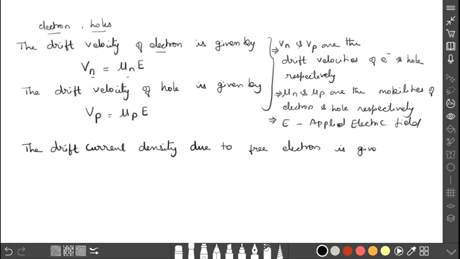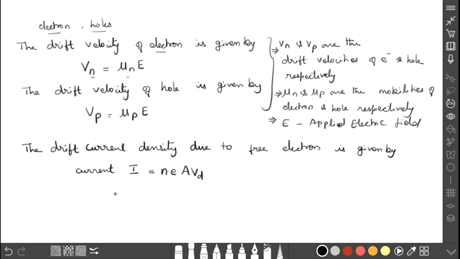Now listen. As we know well, the current passing through the conductor can be calculated by using the formula I is equal to N E A V D. What does N represent here? N is the number of charge carriers, E is the charge of the carrier, A is the area of the conductor, and Vd is the drift velocity.